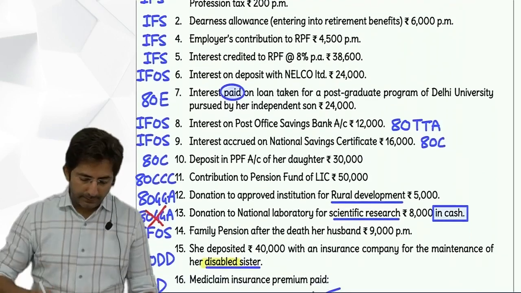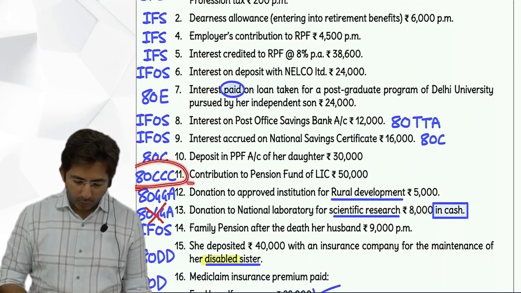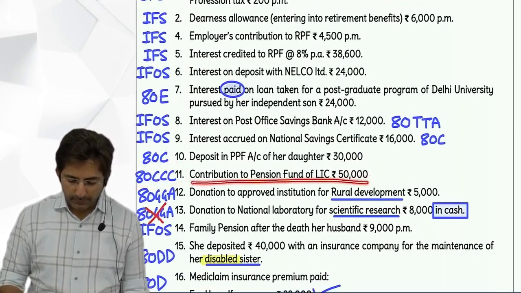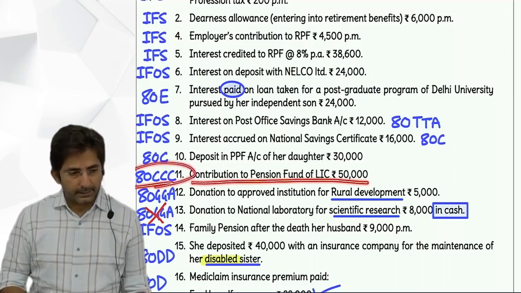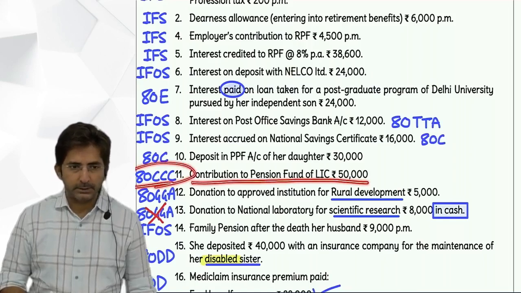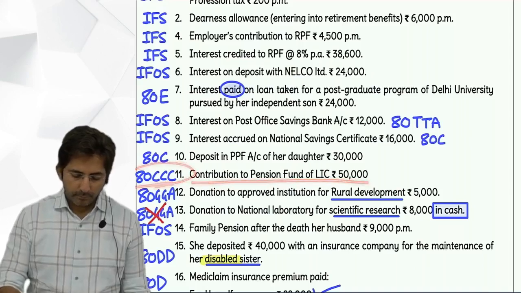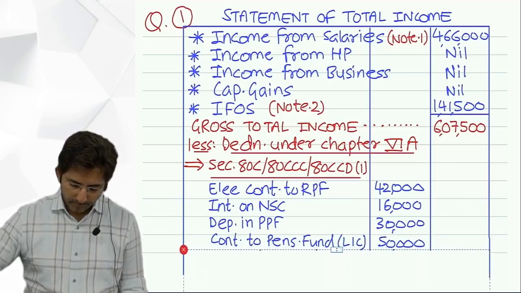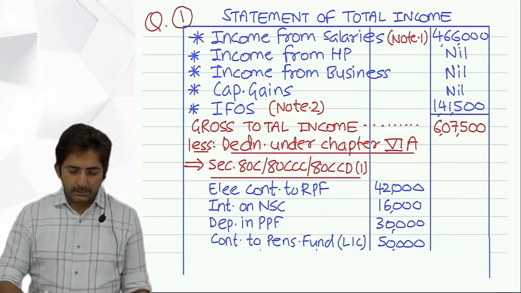Then what else we have? 80CCC, contribution to pension scheme of LIC. See, pension scheme, pension fund, it's one and the same. Even this is taken in that same group of 80C, 80CCC, 80CCD(1). Anything else?